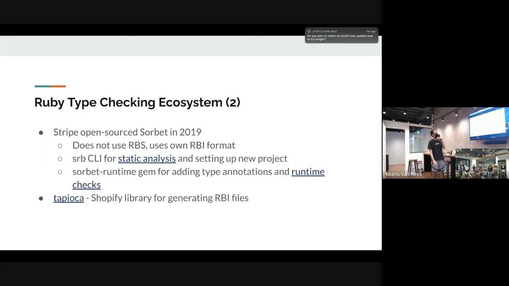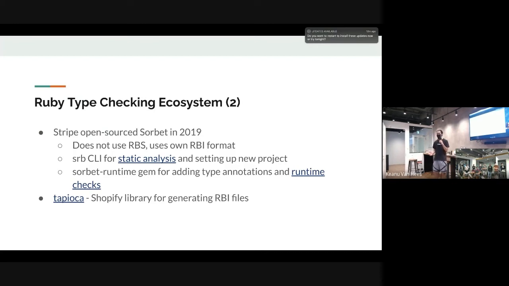Meanwhile, outside of Japan, there's a company called Stripe, and they open sourced Sorbet in 2019. A key difference is that Sorbet does not use RBS to describe Ruby programs.